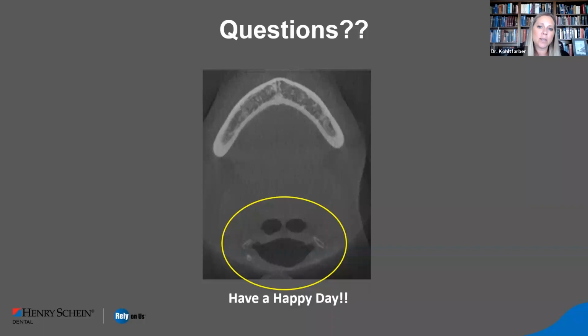Yeah, so you can go to the AOMR website, and that will have a list of places that you can go. For myself, we have a CBCT reading service called Dental Radiology Diagnostics. In fact, we have a plugin button in some of the CBCT imaging companies' software, so you could just press the button and it would go directly to us.